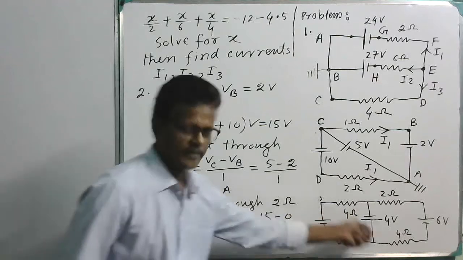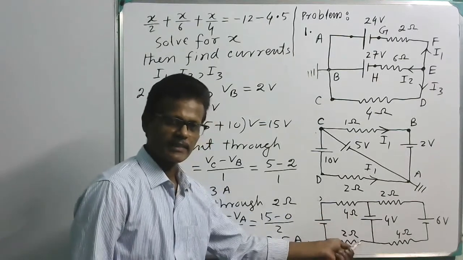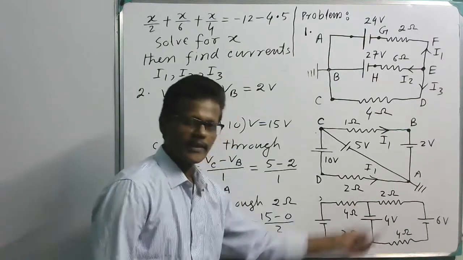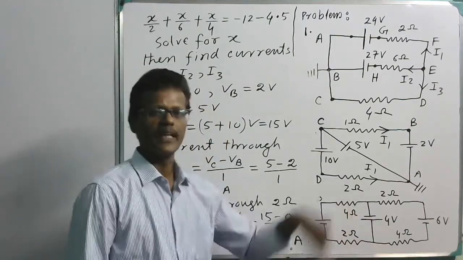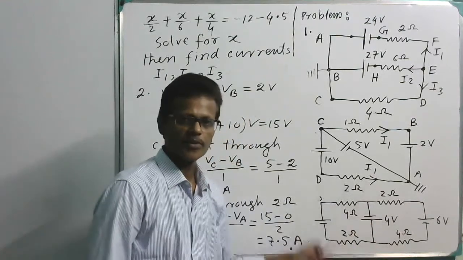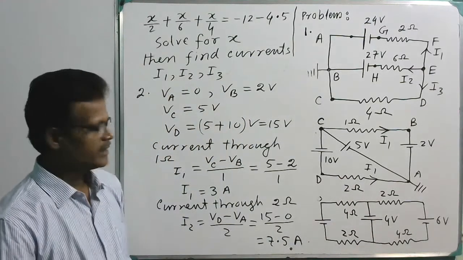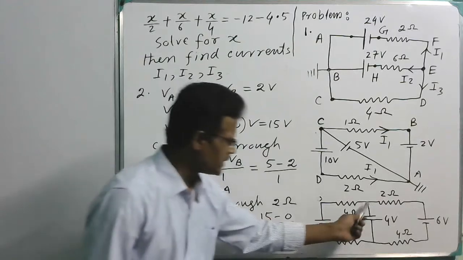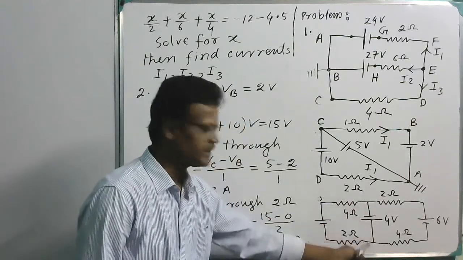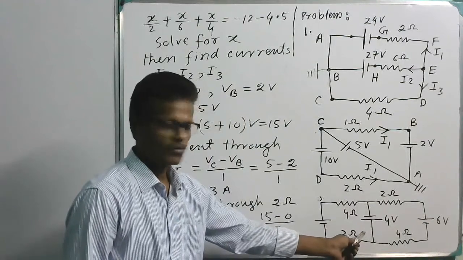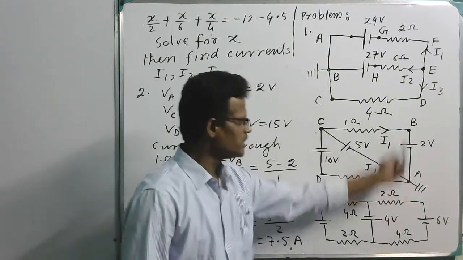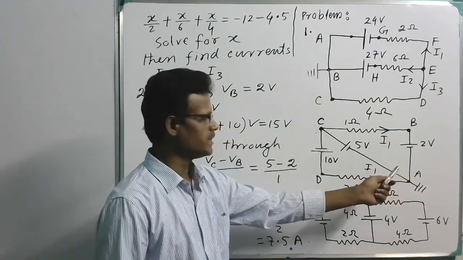But what about nodal analysis for this circuit? If you like to apply nodal analysis for this circuit, there is a difficulty. I am showing you. You can't apply nodal analysis for this type of circuit, because there is a cell without any resistance in series. Here also two cells are there without resistance in series.